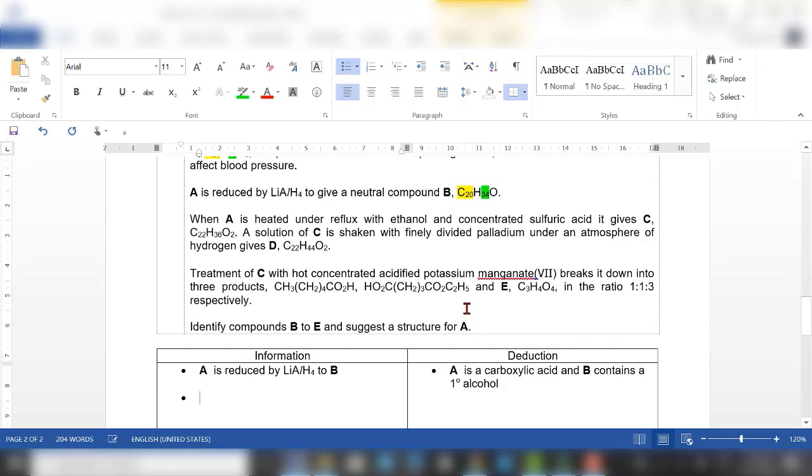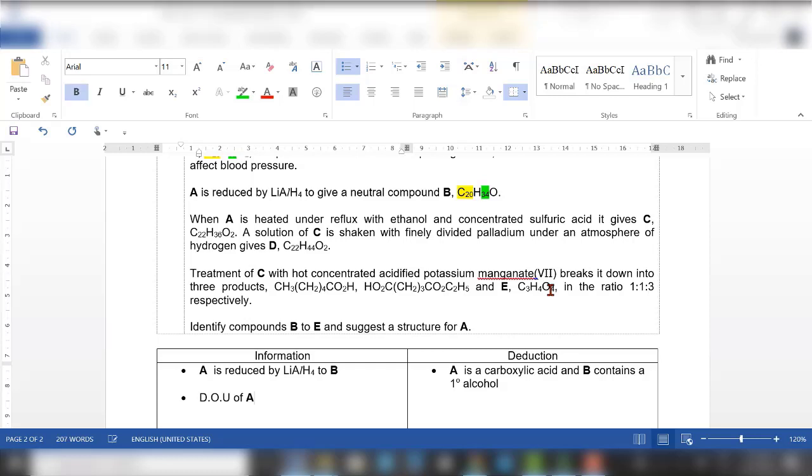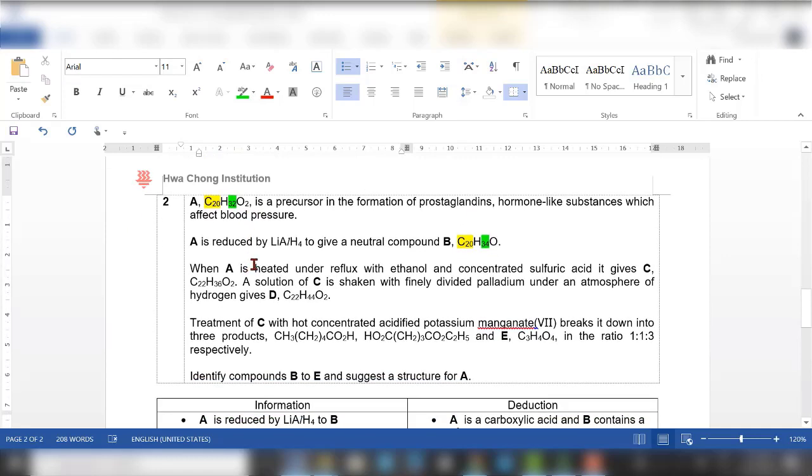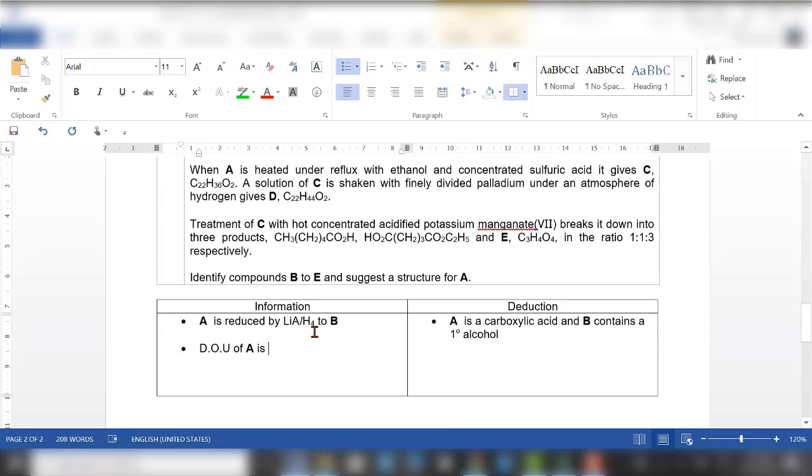So you can easily tell us that the degree of unsaturation of A is, you can do a quick calculation, 22, so that would be 42, right? So 42 minus 32, it's 10, divided by 2 is 5.